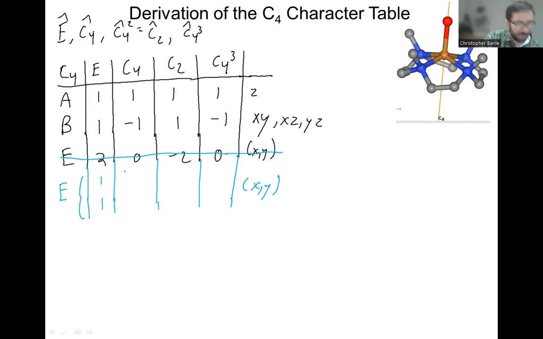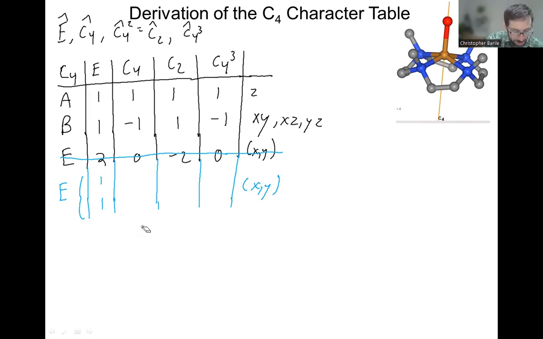And in our new system, the sum of the squares of the dimensionalities, 1 squared plus 1 squared plus 1 squared plus 1 squared, equals the order of our point group, 4. So now we're back to satisfying the rules. The only thing we have to do is come up with these rather complicated imaginary values for this E vector.